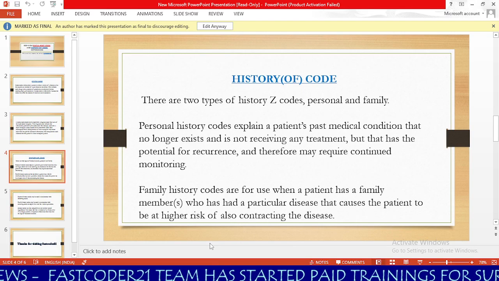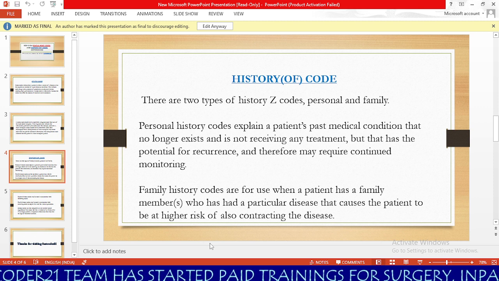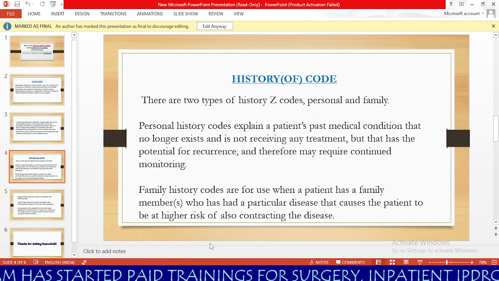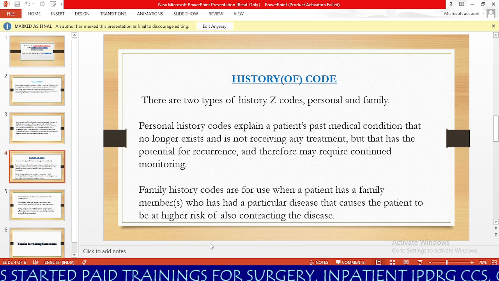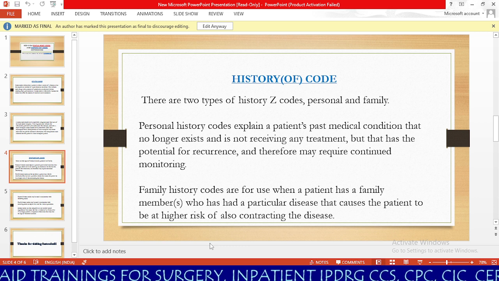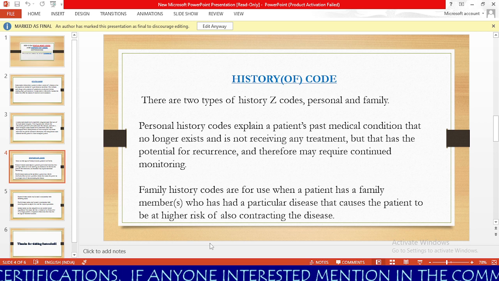So now we will learn about history codes. Basically, as soon as you see a history code, it means the patient had the condition or has undergone the treatment. Currently, the patient does not have any condition. For example, the patient had breast cancer previously.